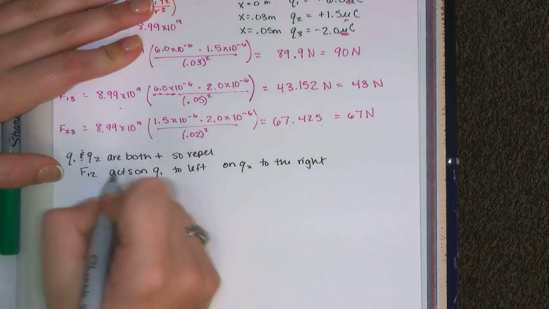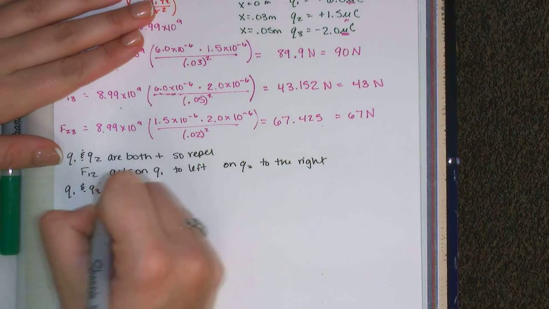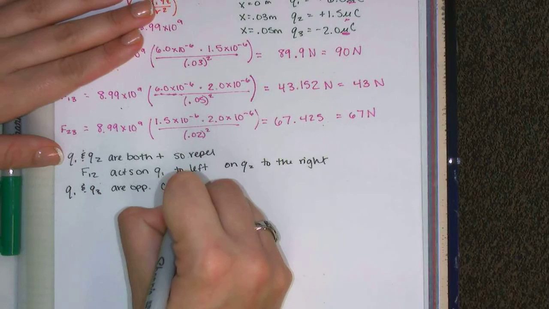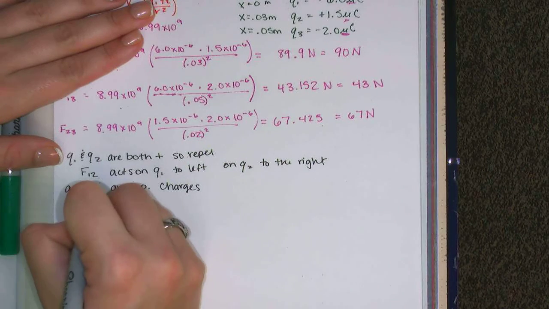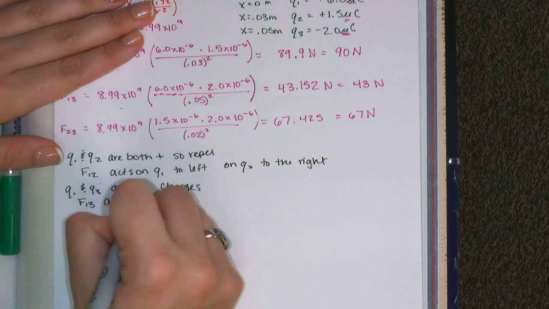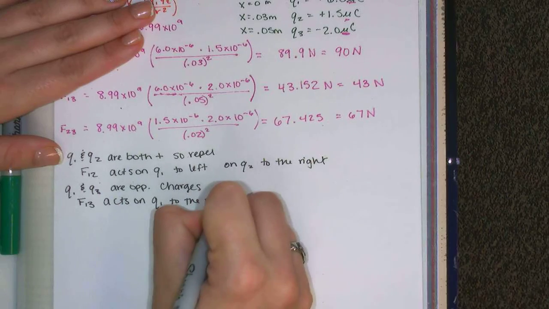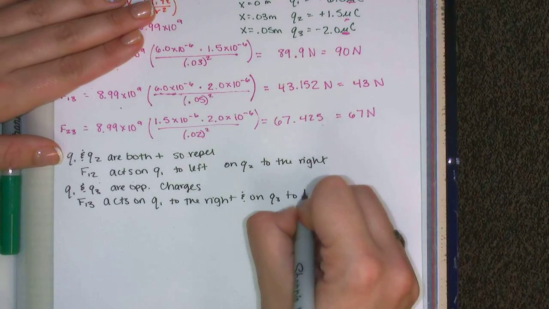And we'll use this in just a second. Let's go ahead and do Q1 and Q3, which are opposite charges. So F13 acts on Q1 to the right and on Q3 to the left.